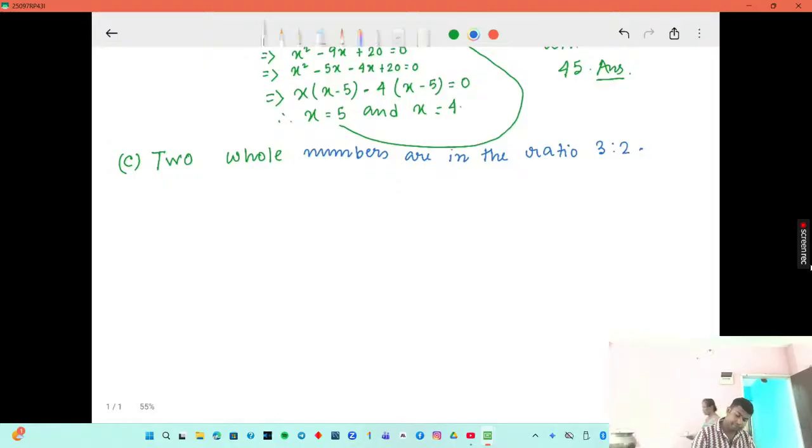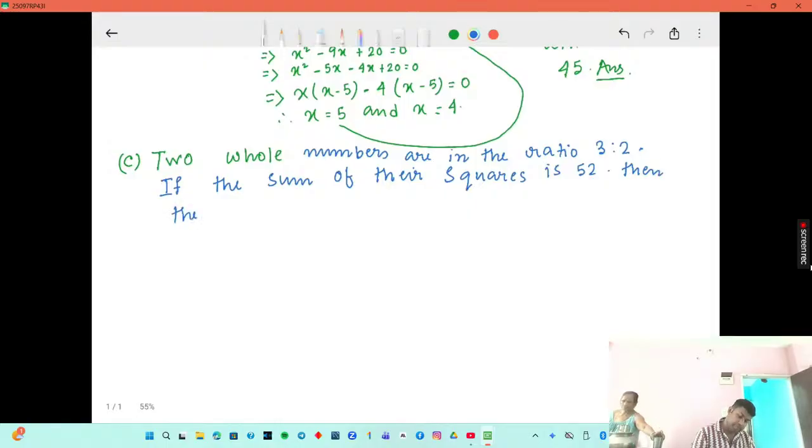If the sum of their squares is 52, then the numbers are.